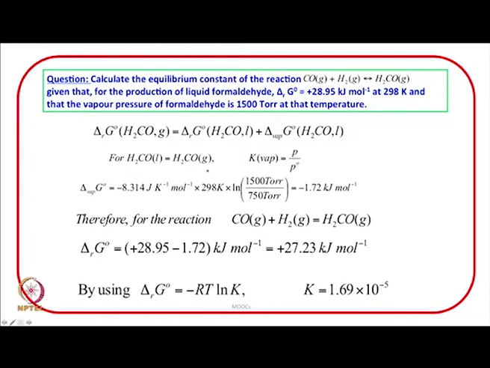Vaporization reaction, all of us very clearly understand, it is liquid conversion to vapor, and then we made use of the value of equilibrium constant to get the value of delta G naught, and used all this kind of information to get the standard Gibbs energy change for the given reaction. And once we had the information on standard Gibbs energy change, we were able to calculate the value of equilibrium constant.